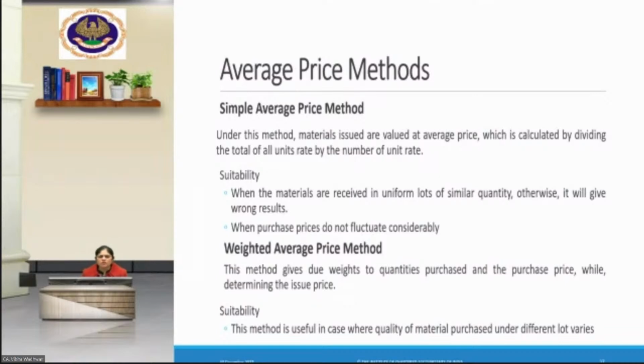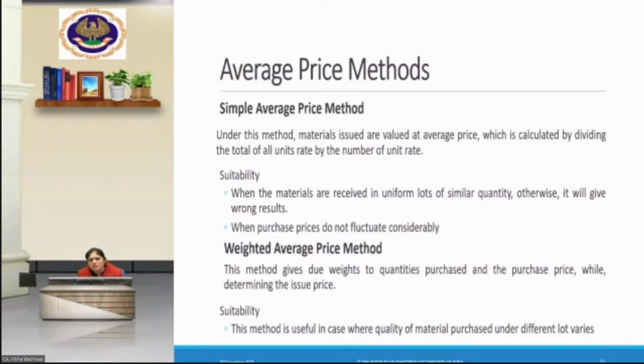So, of course, the suitability of simple average is when the materials are received in uniform quantity. Every time I'm receiving material in 100 units, 100 units in one lot, then 100 units in another lot. So if I'm receiving the quantity in uniform lots, all right. And also when purchase prices do not fluctuate considerably. When there's a stabilized market and the purchase price is more or less the same, then of course we can use the average price.